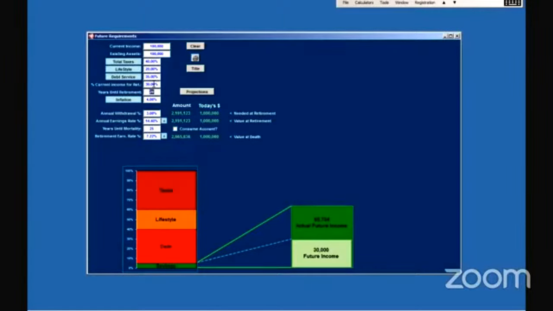Now, the minute that you retire, the rules of engagement change completely. So you go from an accumulation rate to a distribution rate. Now you're more concerned about how much income you can get in retirement.